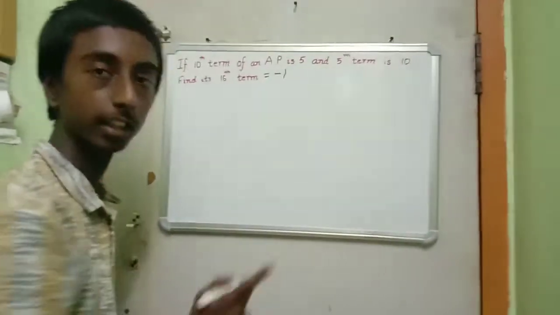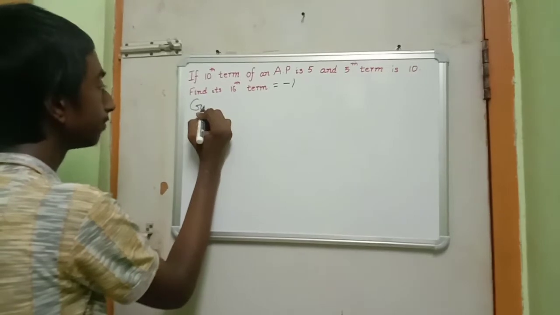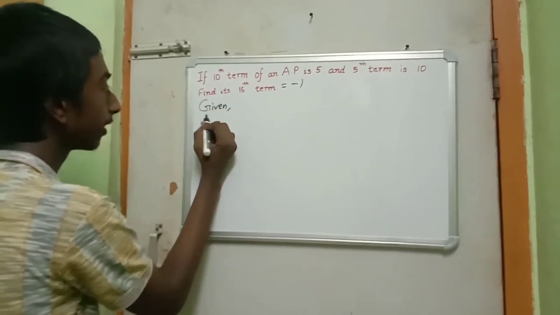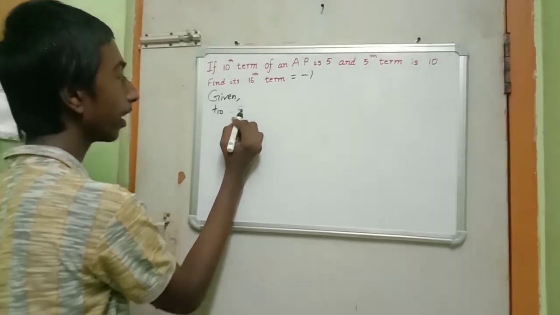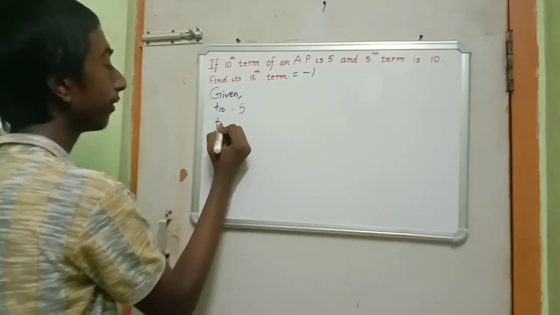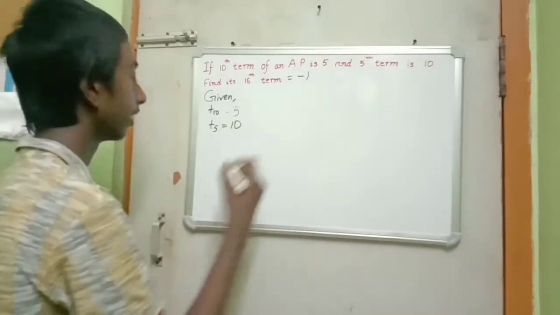Minus 1. Let's verify. Given T10, the 10th term of an AP, is 5 and T5 equals 10.